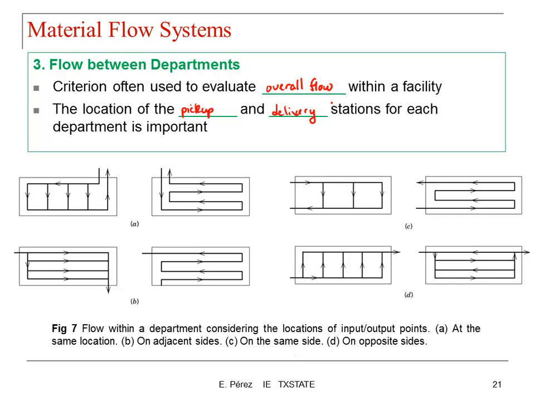So when designing the flow between departments, it's very important to find out where your entry and exit points are, because that basically tells you the limitations that you will have in terms of the flow that you can choose for your department. And we're going to discuss more about this in our next lecture using the activity flow diagrams.